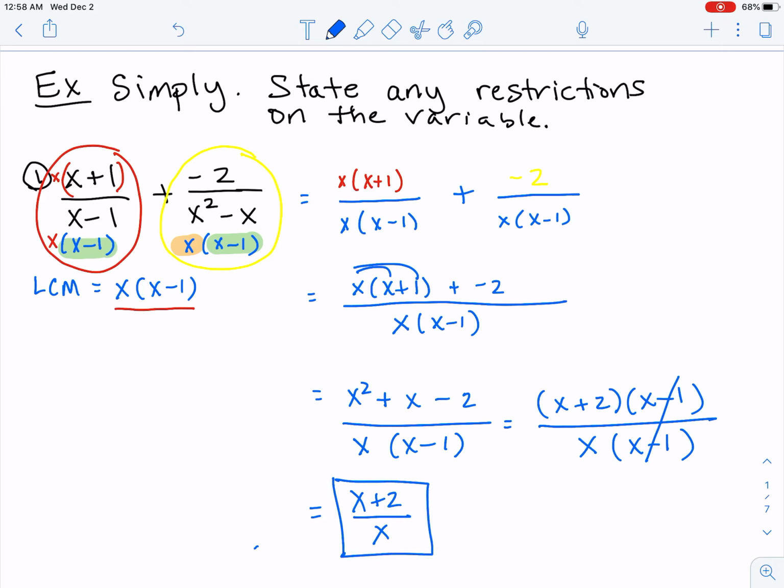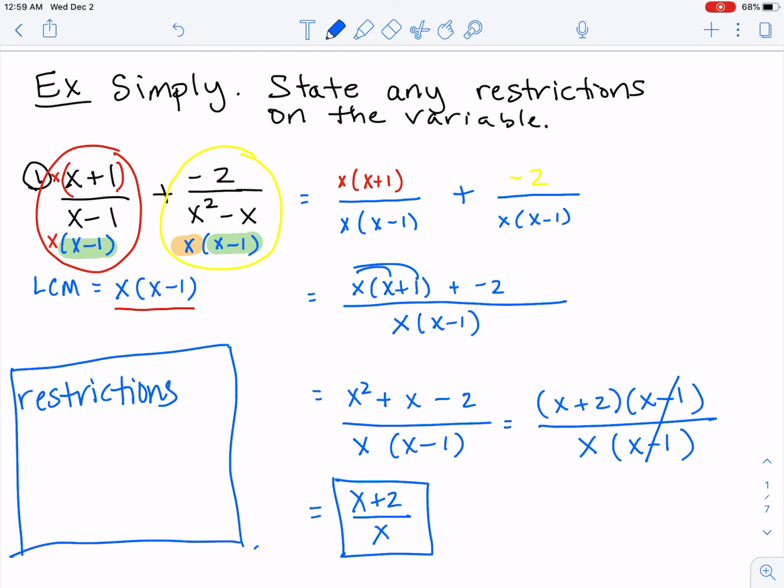Okay, now the directions also say to state the restrictions. So when you state the restrictions, I'll put that over here, restrictions. What you're really looking at is the denominator. The denominator can't be 0. So I'm looking at when does x times x minus 1, which is that least common denominator, equal 0?